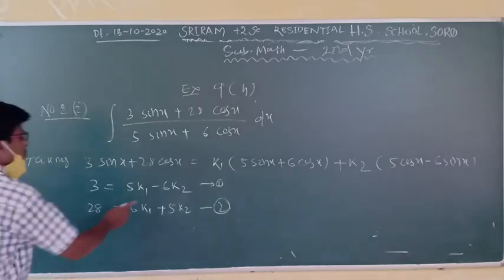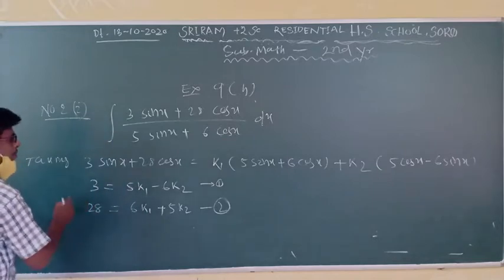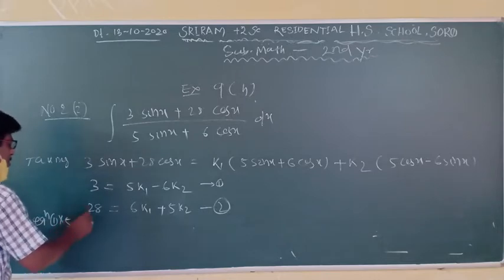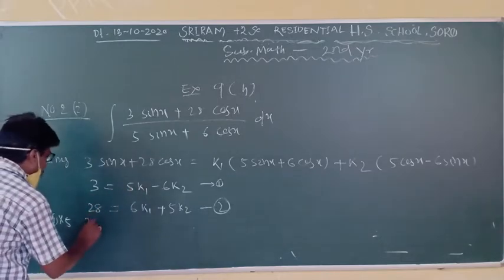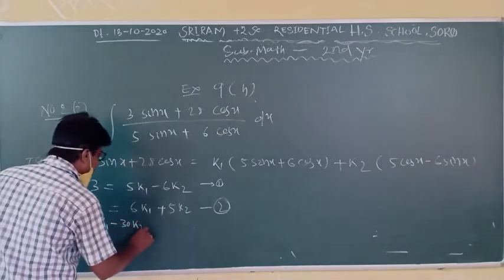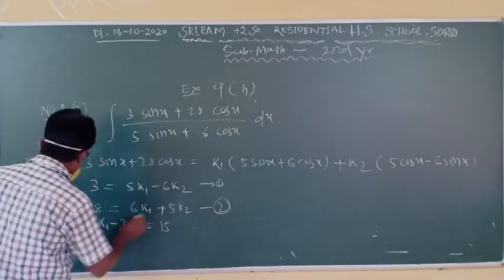Now multiply equation 1 with 5. So that is 5 into 5k1, which is 25k1, minus 30k2 is equal to 5 into 3, which is 15.